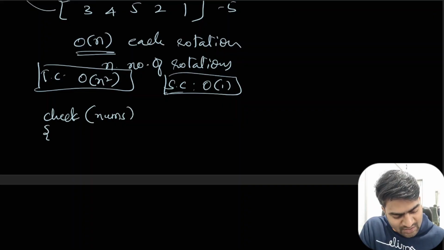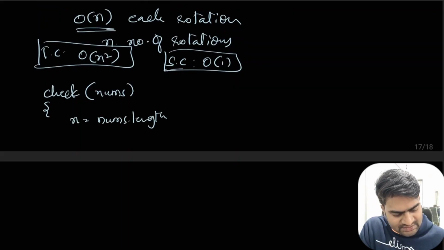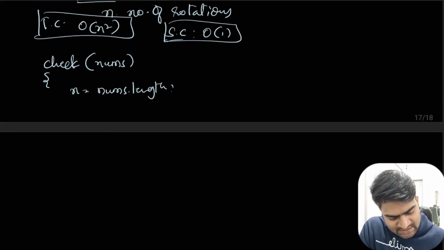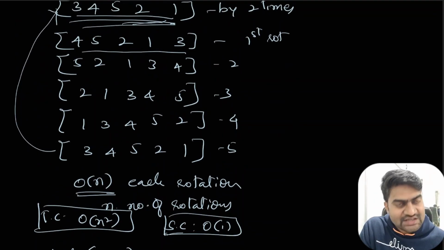Now let n be nums dot length. This is the length of the array. After this, we will try to generate the rotations, n rotations basically. So here we literally generated the rotations and we saw.